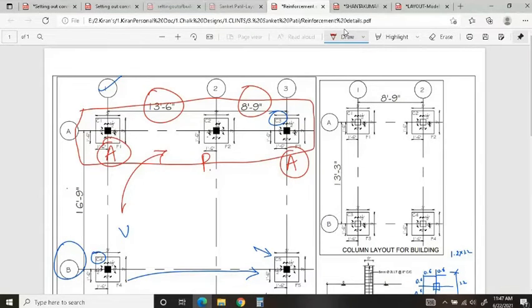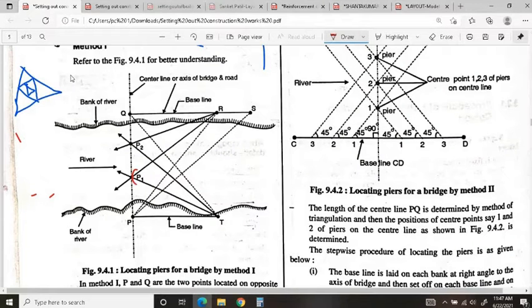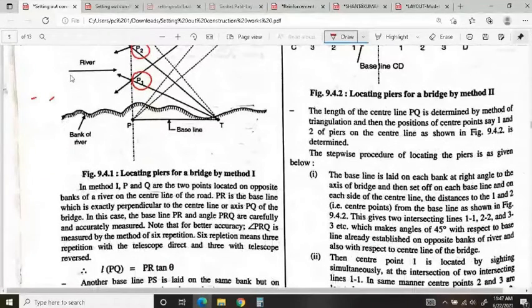Just for your reference, the river is flowing in this direction, and your car is moving in this direction. P1 and P2 are nothing but the piers. In this method, P and Q are the 2 points located on the opposite banks of a river on the center line of a road.